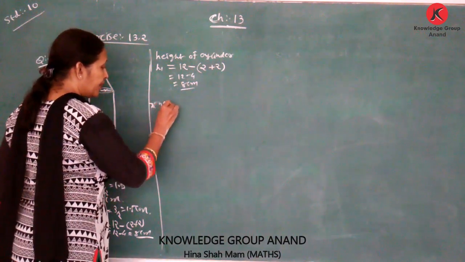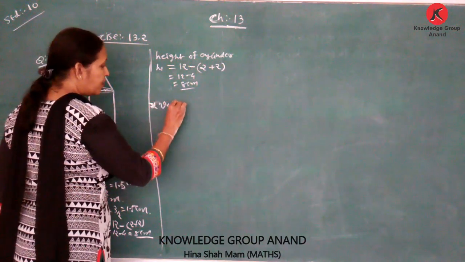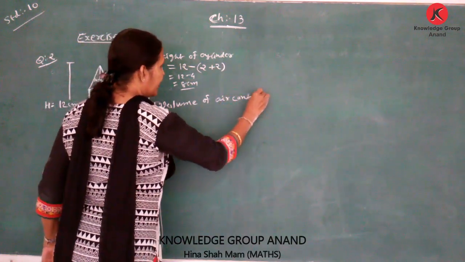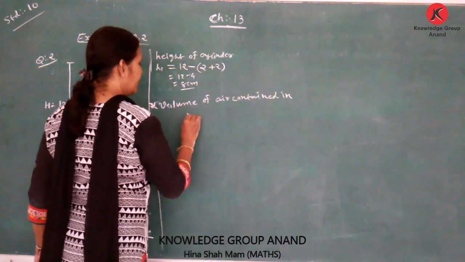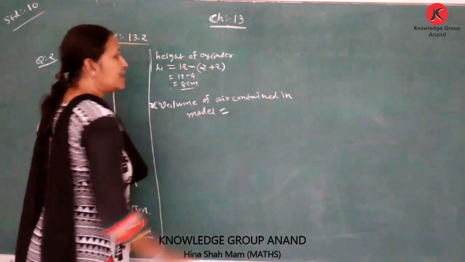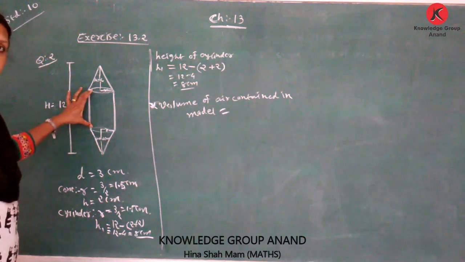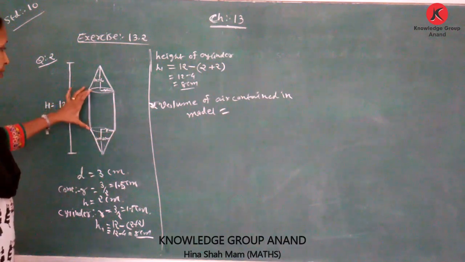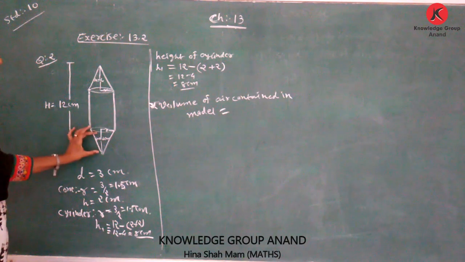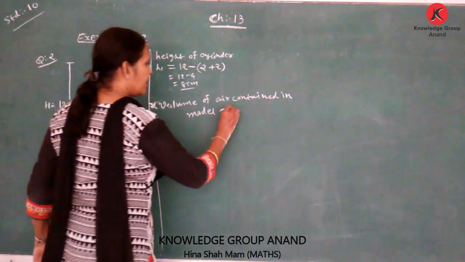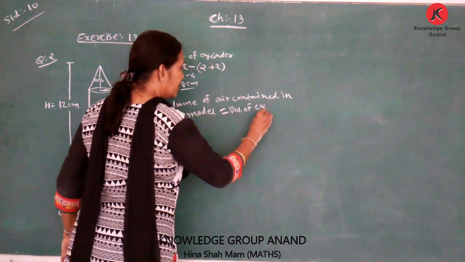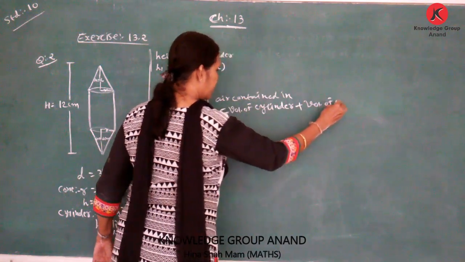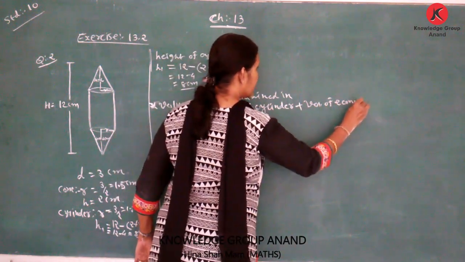The volume of air contained in the model is equal to the volume of the cylinder plus the volume of two cones.